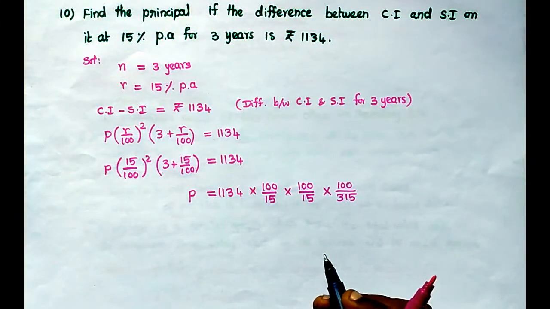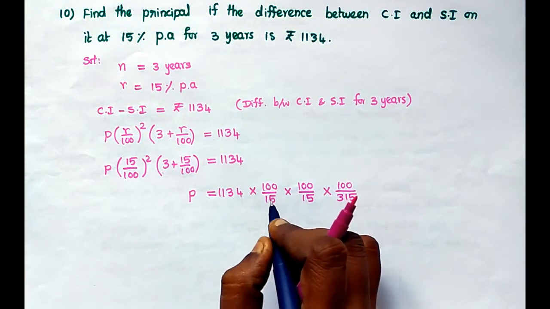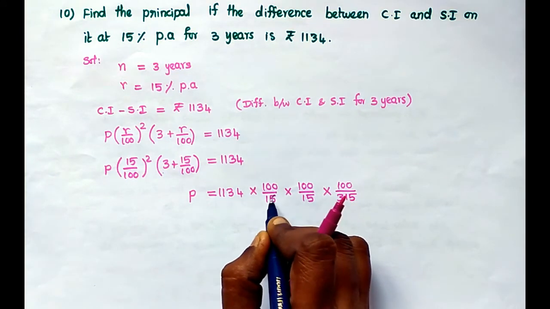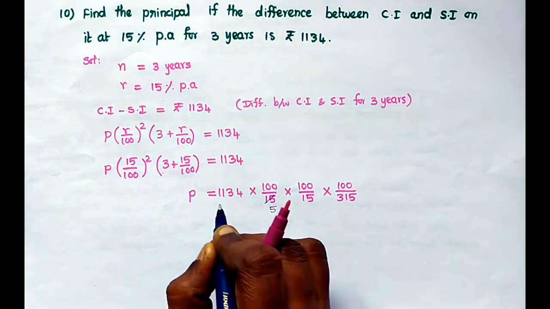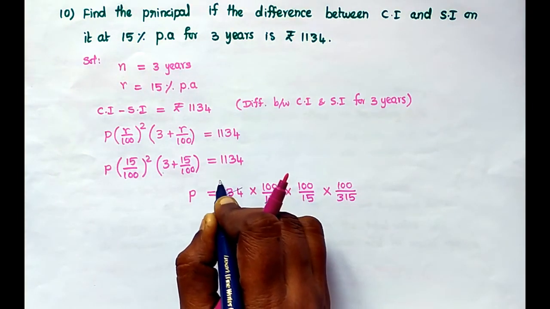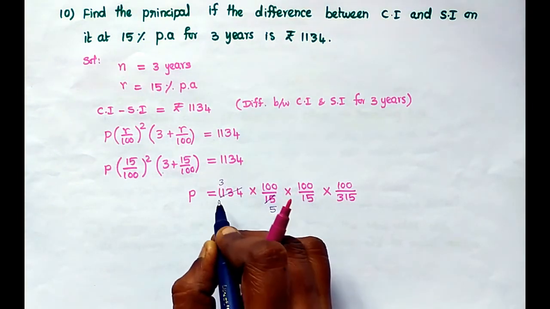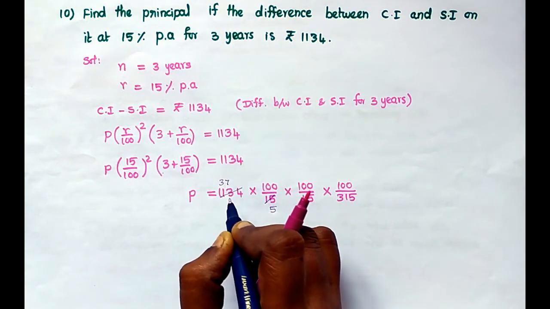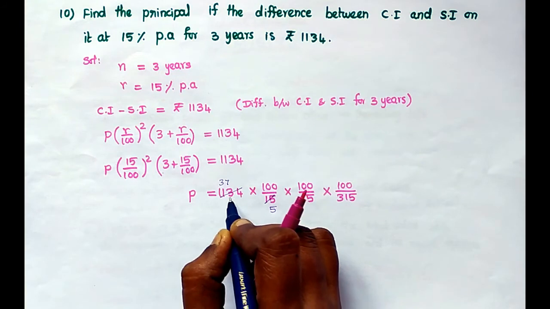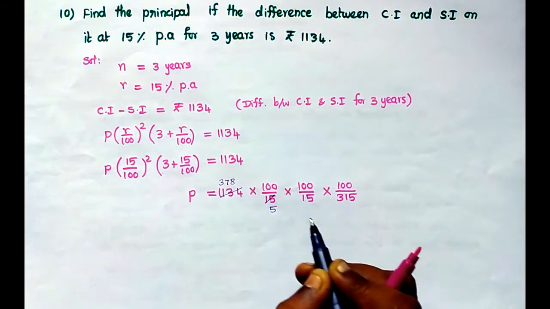Now cancel these numbers by third table. 3 5s are 15. Here 3 3s are 9, balance 2, 23. 7 3s are 21, balance 2, it becomes 24, 8 times.